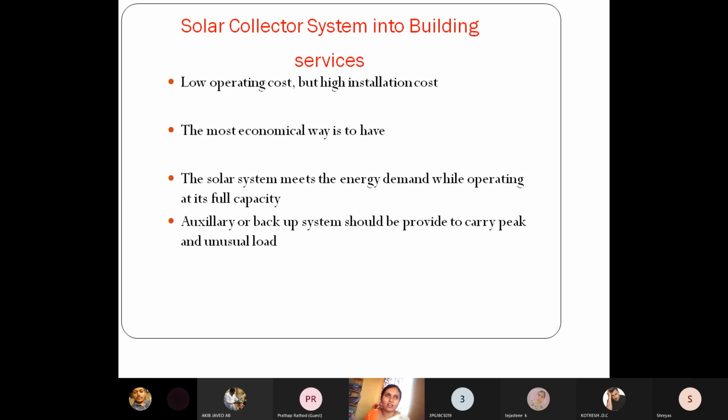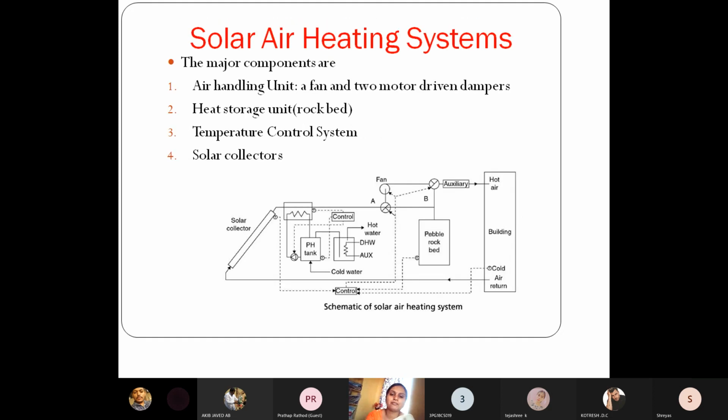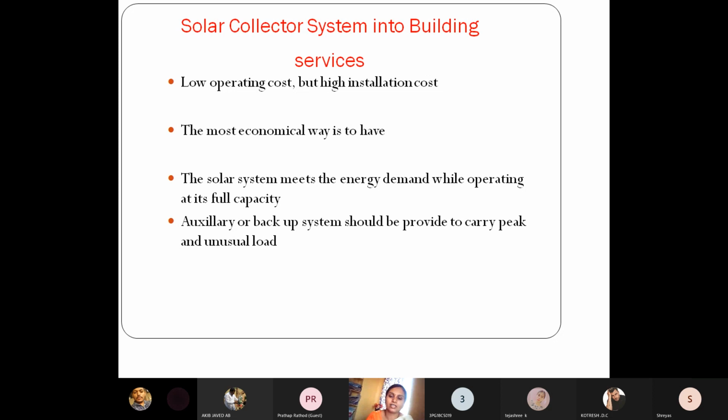We don't use it continuously; we use it for a few minutes and then reduce it. That is what a peak load is. Have a backup for that.